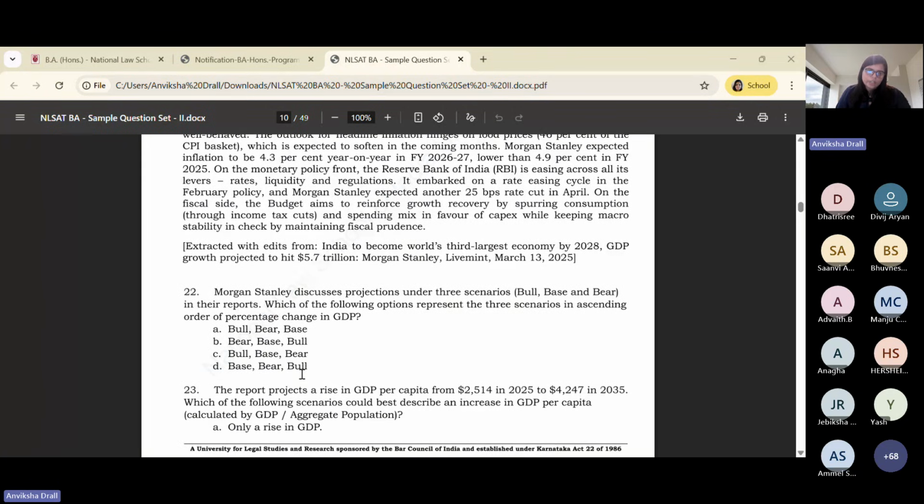So the first question is, Morgan Stanley discusses projections under 3 scenarios, bull, base, and bear, in their reports. Which of the following options represent the 3 scenarios in ascending order of percentage change in GDP? So two things that you are expected to understand here if you read the question. First one is, what is ascending order, which is a concept from your high school basic mathematics, and second is the percentage change.